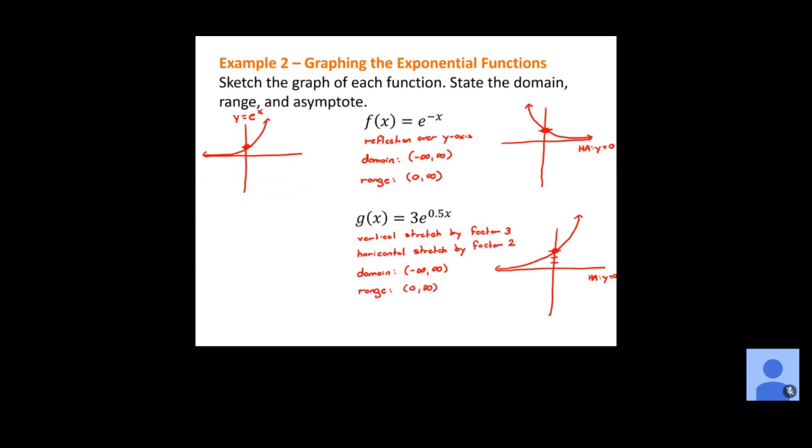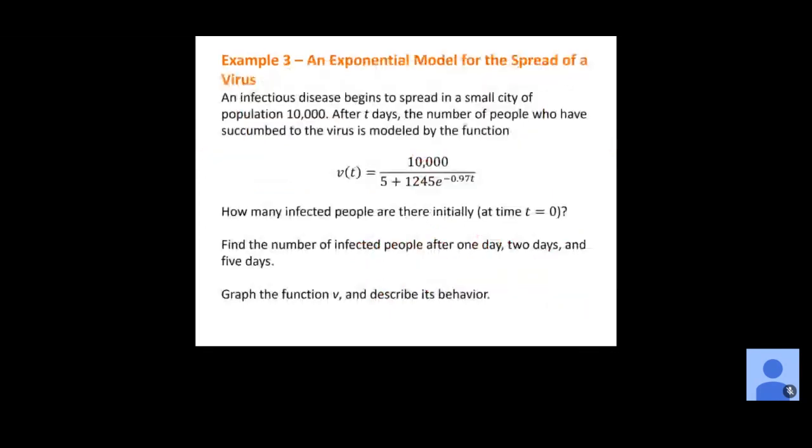Because again, we have that horizontal asymptote at 0, and then everything's above the x-axis. Any questions on that one now? All right.